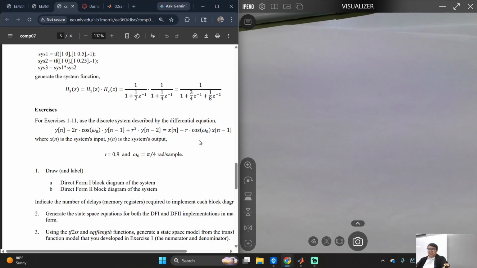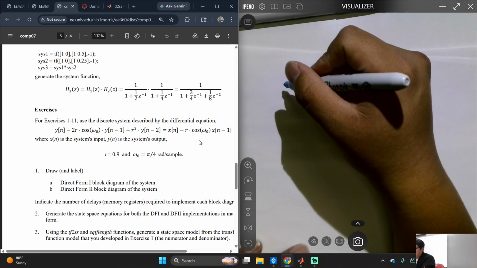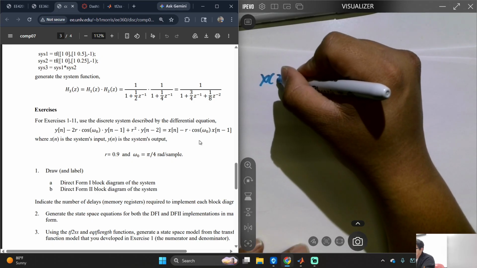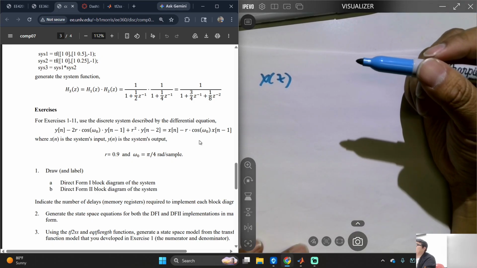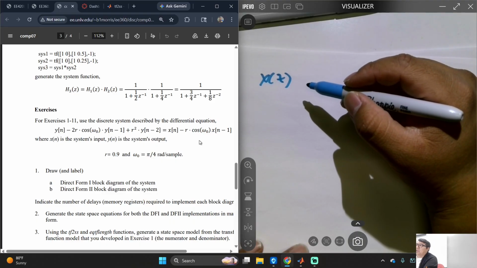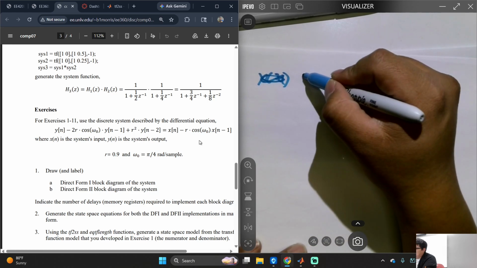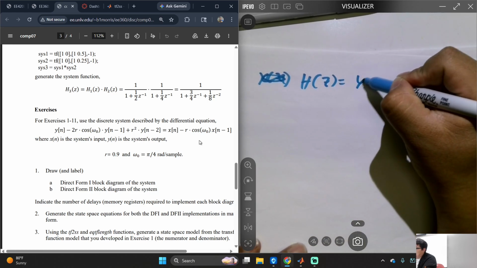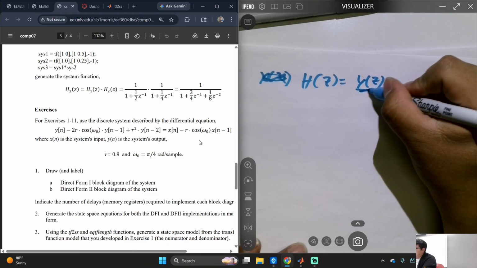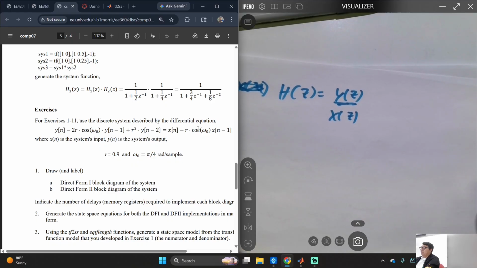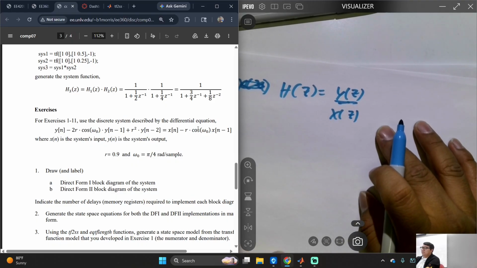What's the numerator right here? H of z is equal to Y of z over X of z, correct? Everyone see what I'm trying to do? The numerator over the denominator, right?